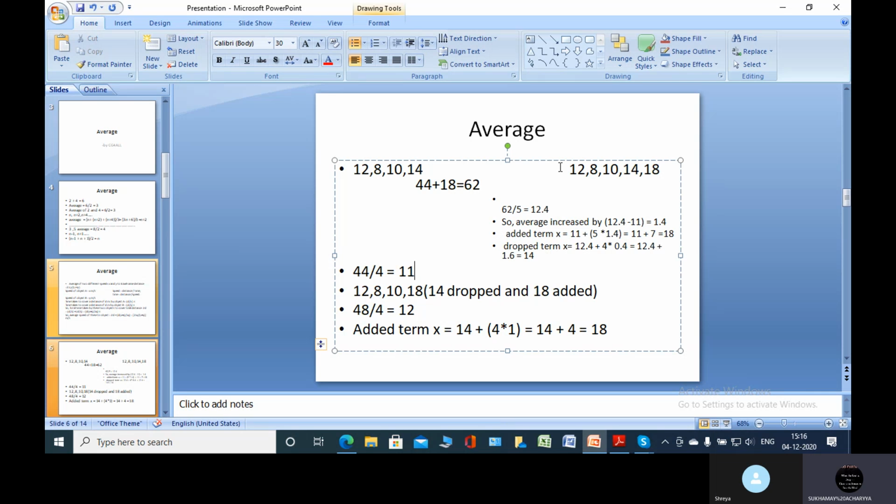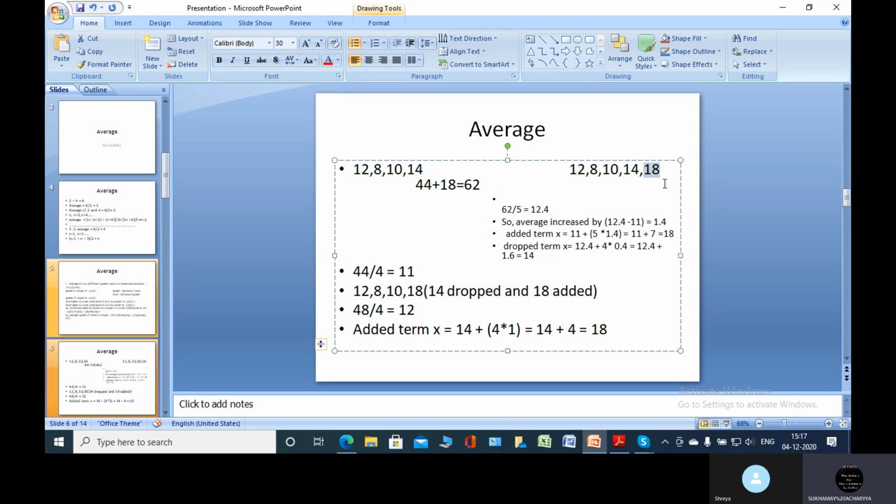Now if we add the term 18 to this group of numbers, then obviously the average will change.